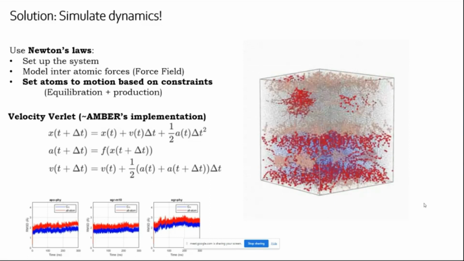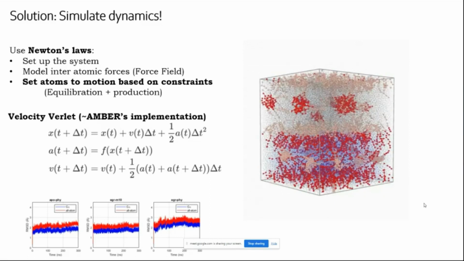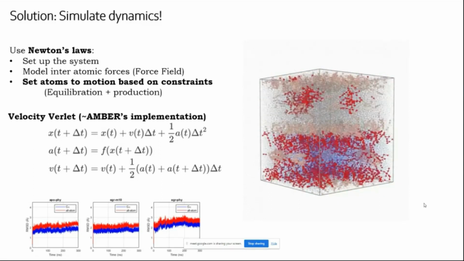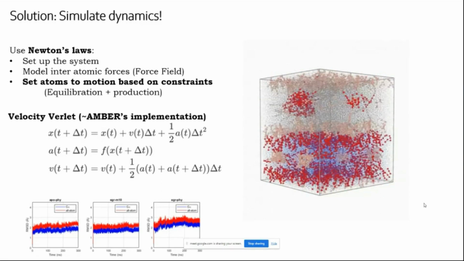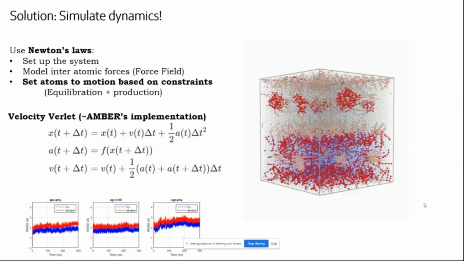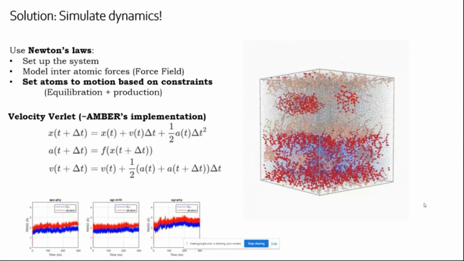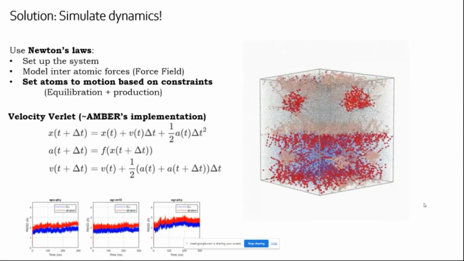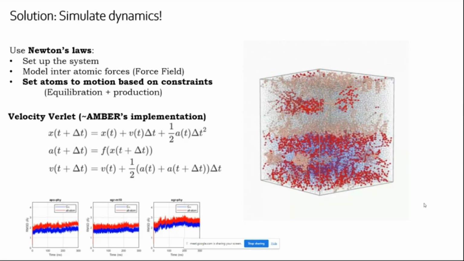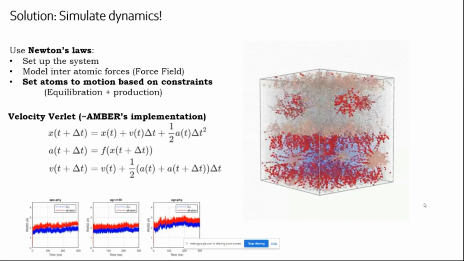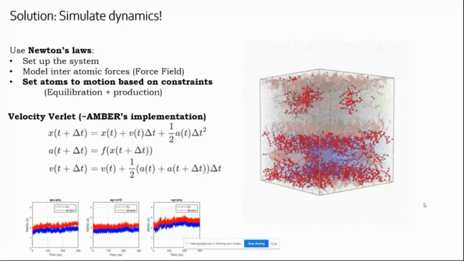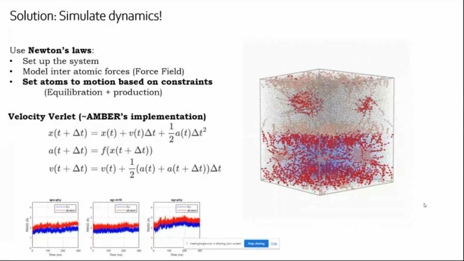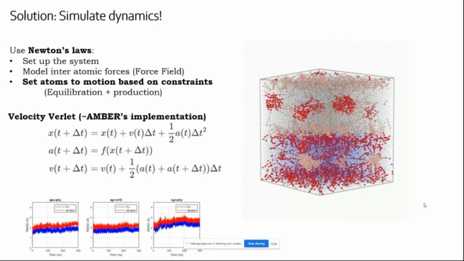what this shows is, if you know or if you assume initial positions and initial velocities, then using the first equation at the top, you can find the new position after a time t plus delta t. Delta t is a very small fraction. Normally it will be like 1 femtosecond, 2 femtoseconds, sometimes even 4 femtoseconds.